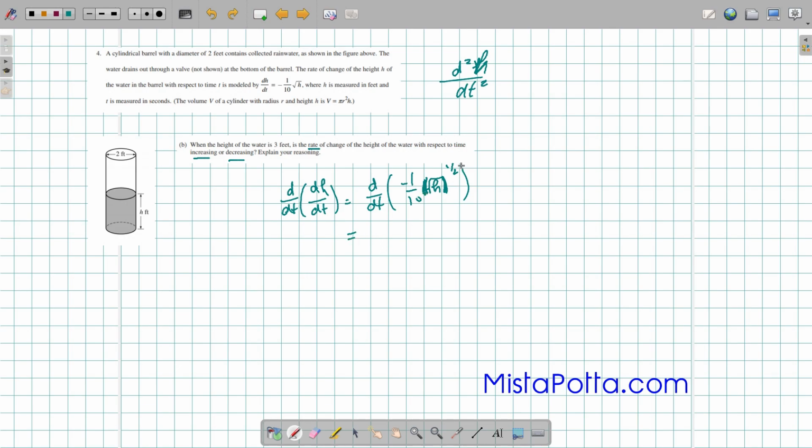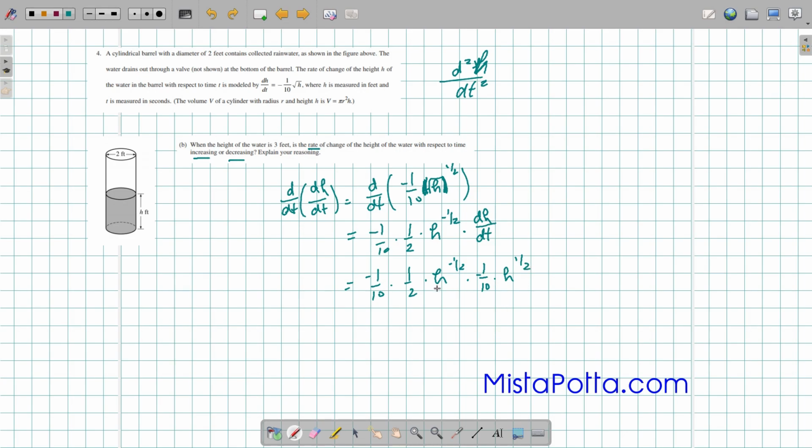Using the chain rule, of course, the 1/2 will pop out, so I have negative 1/10 times 1/2 times h to the negative 1/2 times dh/dt because of the chain rule. So I end up with negative 1/10 times 1/2 times h to the negative 1/2 times dh/dt, which is negative 1/10 times h to the 1/2.